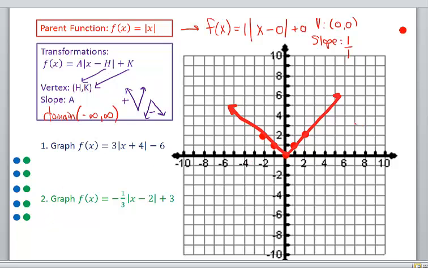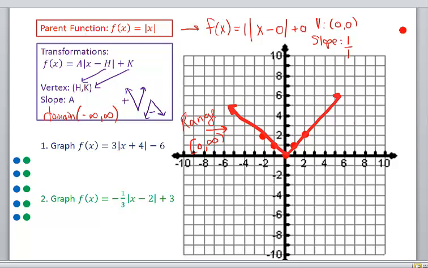Okay, and for this function here, the absolute value, my range in this particular case goes from this y value of 0, and including that value, and then up to infinity.